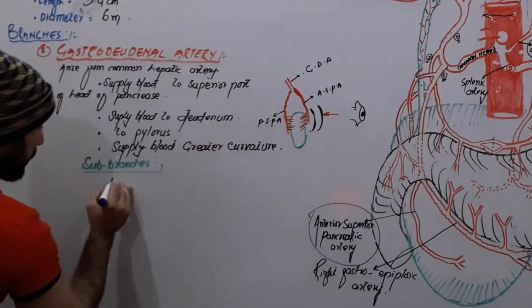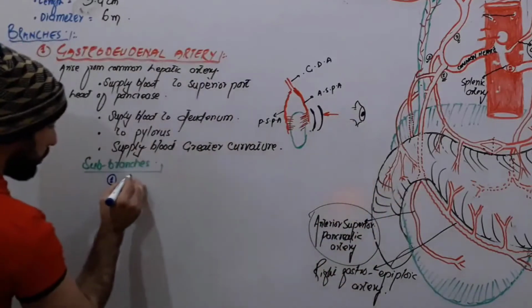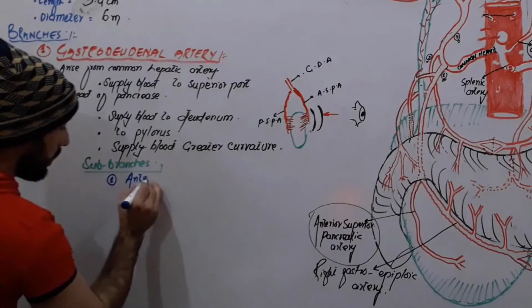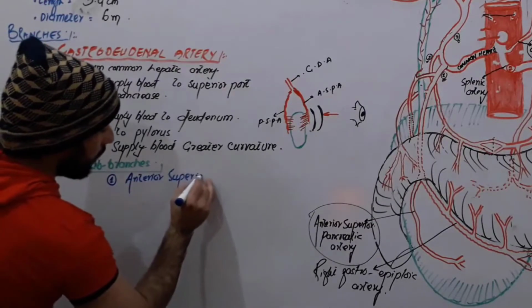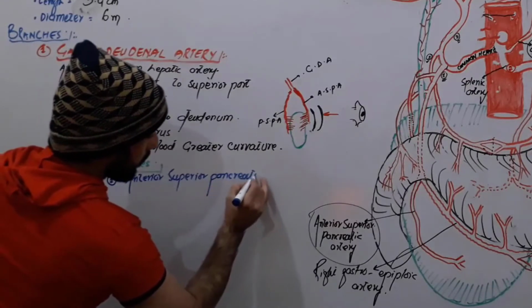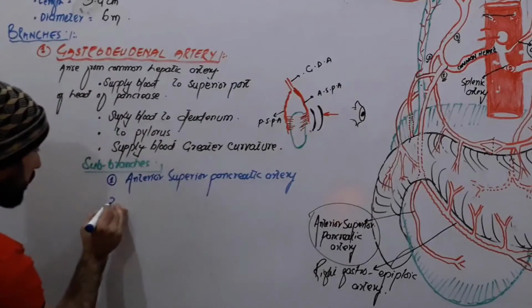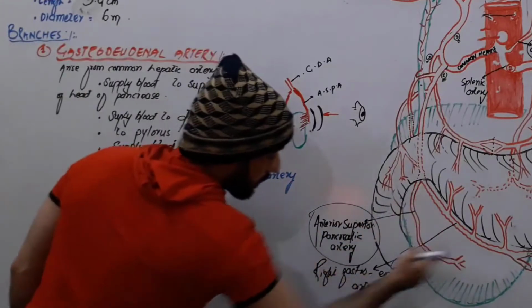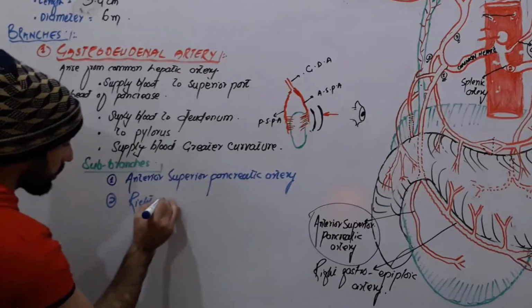The first branch which it gave, what is this? This is the anterior superior pancreatic artery. Very good. Okay, this was its branch. The second branch from it was the right gastroepiploic artery.